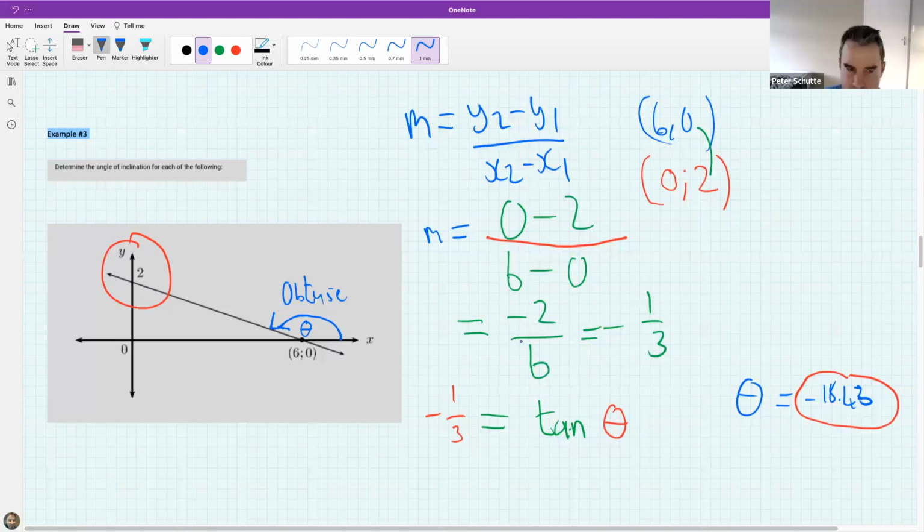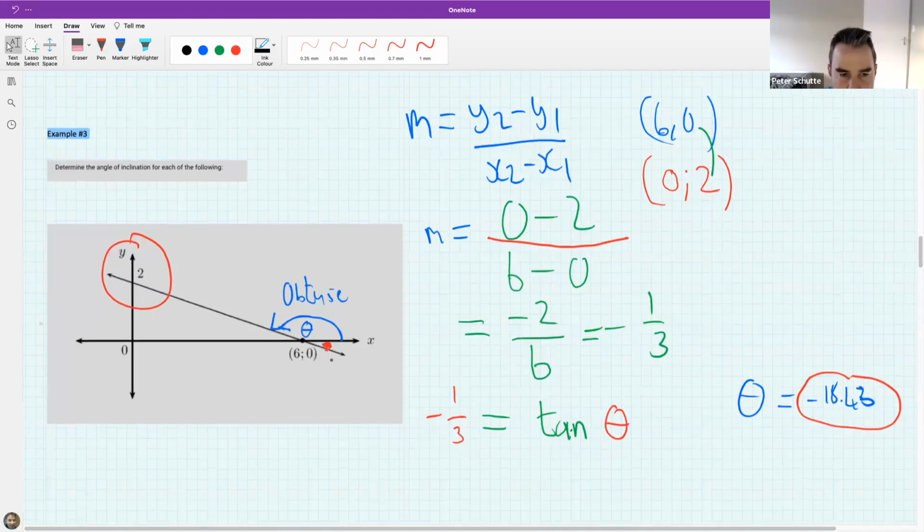The problem is that when you have a negative gradient, your calculator solves for the smallest angle that the line makes with the x-axis. And what it has found is this angle over here. Can you see that the line also makes an angle with the x-axis, which is this little one here?